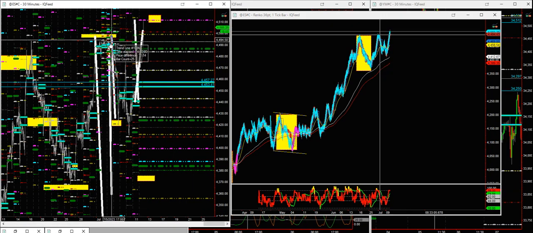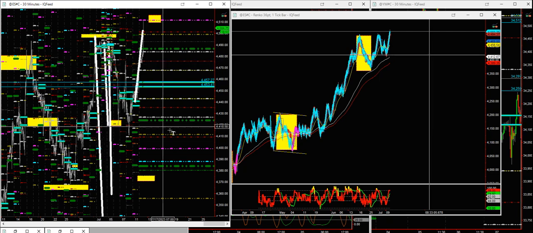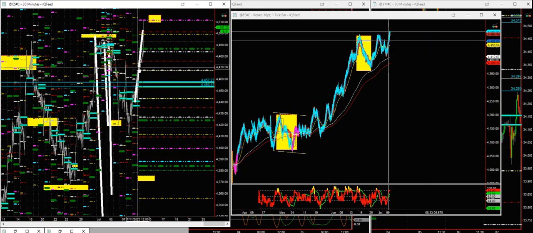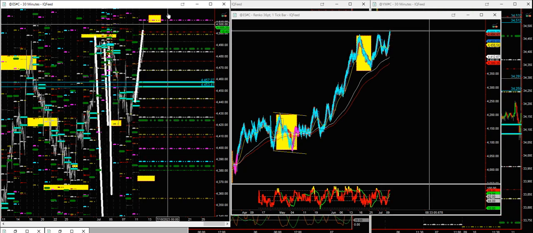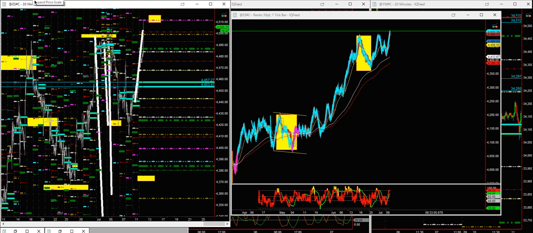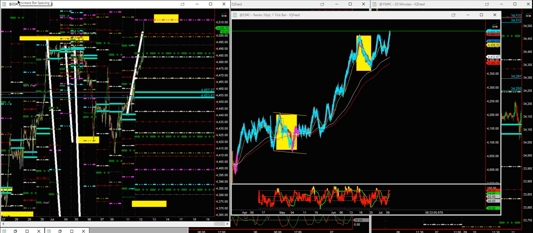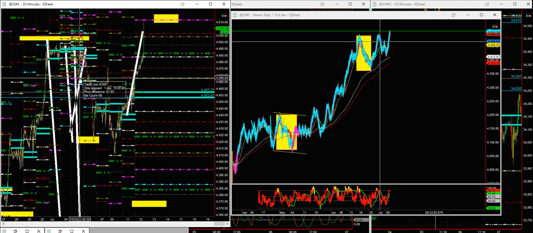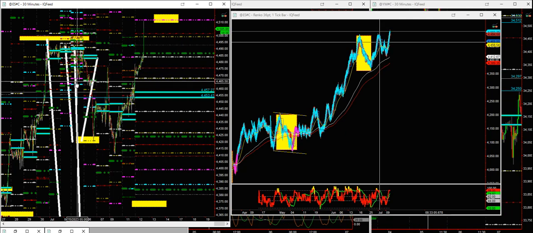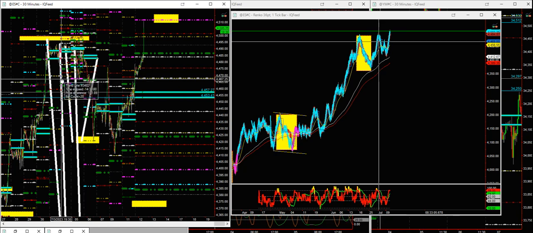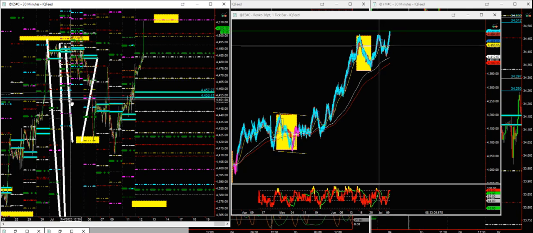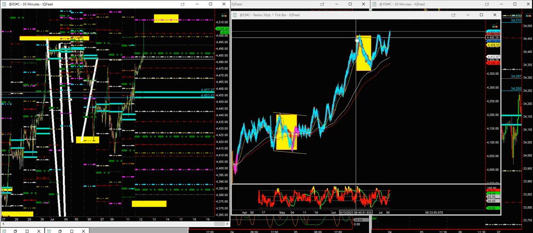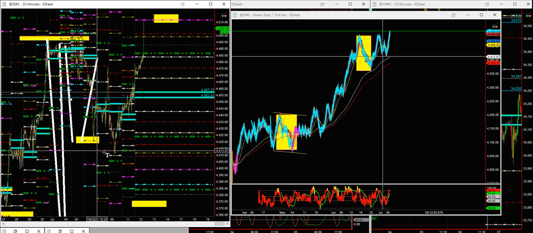On the lower time frame, we have these frequency bars, which you guys saw posted on Twitter, and the reversals, right? So we had two things coming together again.